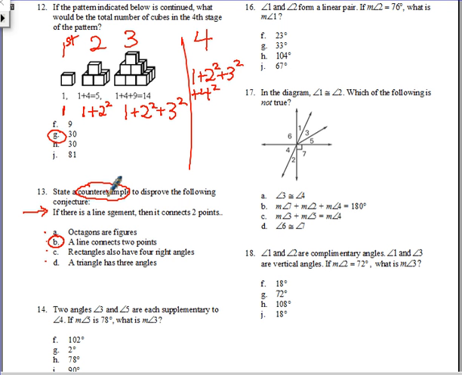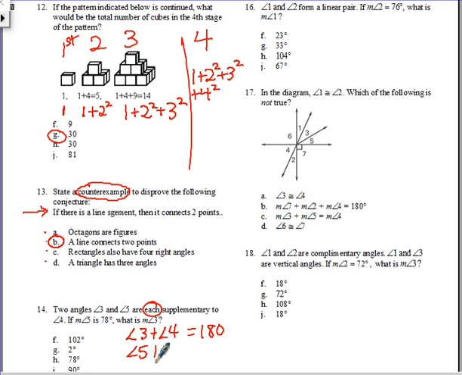Number 14. We know that angle 3 and angle 5 are both supplementary to angle 4. If angle 5 is equal to 78, then what is angle 3? If these are each supplementary to angle 4, so angle 3 plus angle 5 equals 180. No, I'm sorry, that's not angle 3 and angle 5. That's angle 3 and angle 4.